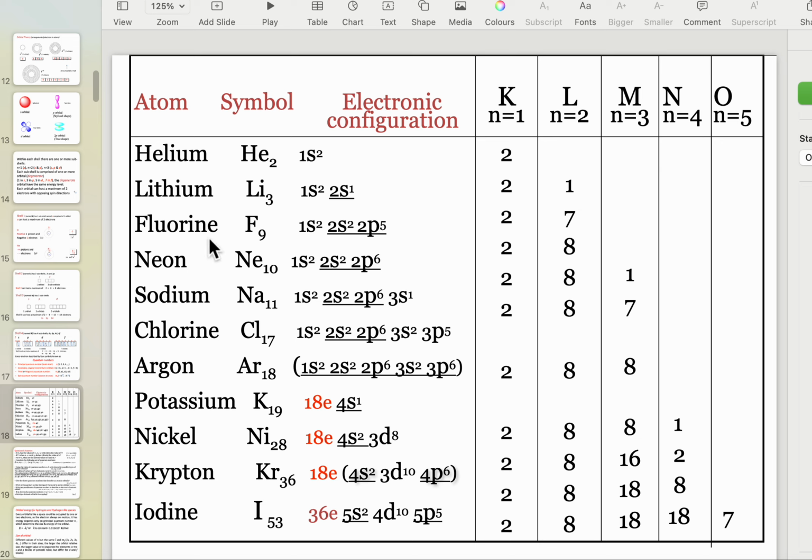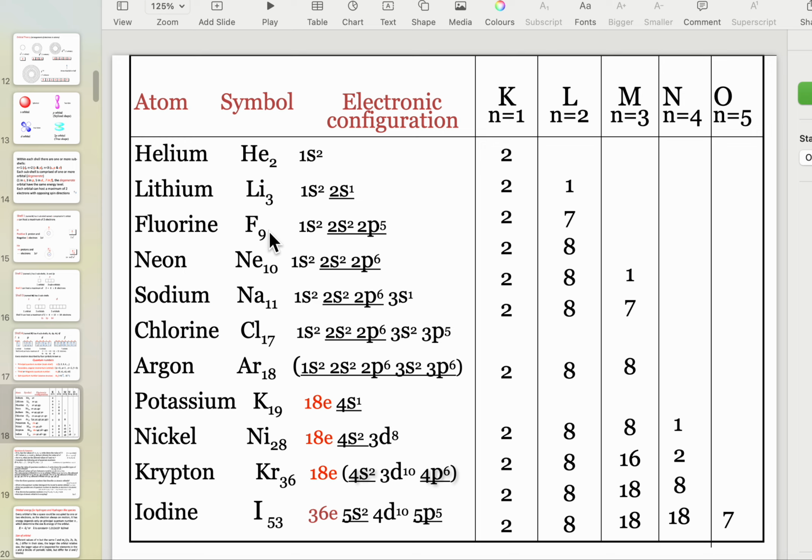Fluorine, 9 electrons. We start with 1s2 being filled, jump to 2s2 filled, and then we can use the other orbital, 2p5. If you count 2, 2, and 5, that will be 9.